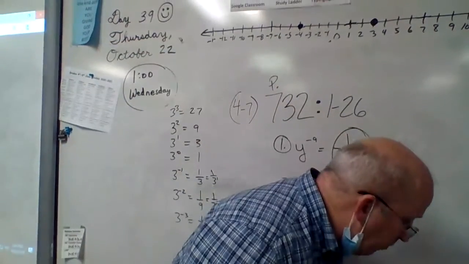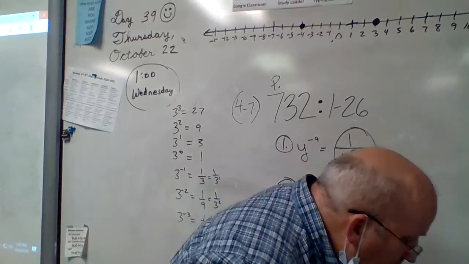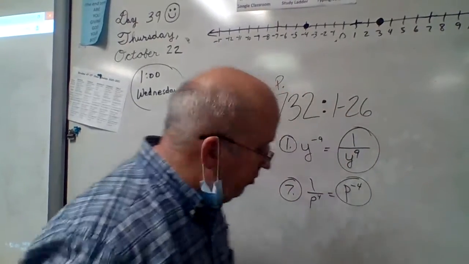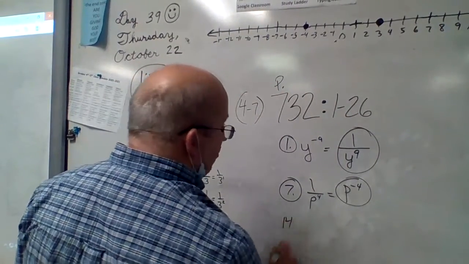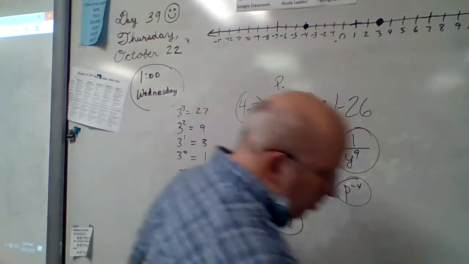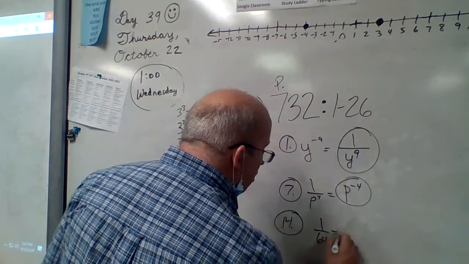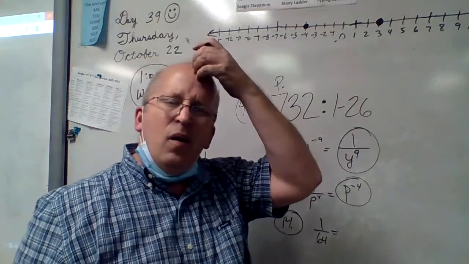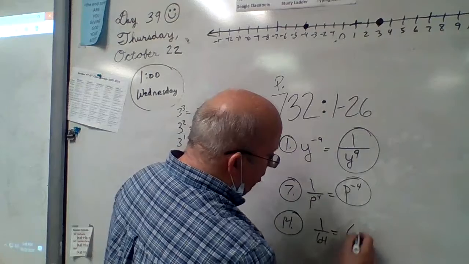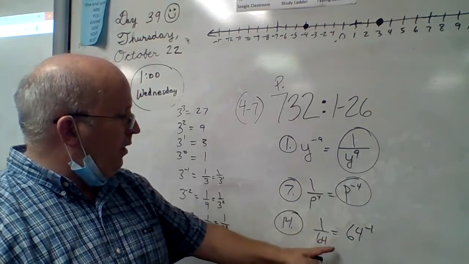How about something from 15 to 20 where, oh wait, no, I want to do also number 14. That's a little tricky. Number 14. They want us to create an answer that doesn't have -1 as its exponent, but they want it to be a negative exponent. And they give us 1 over 64. Well, how would I do that? Theoretically, I could just do this, 64 to the negative first power, and I could claim that I'm done with that, right?